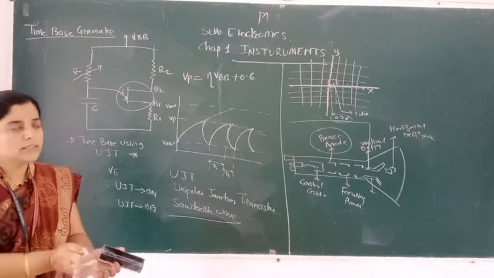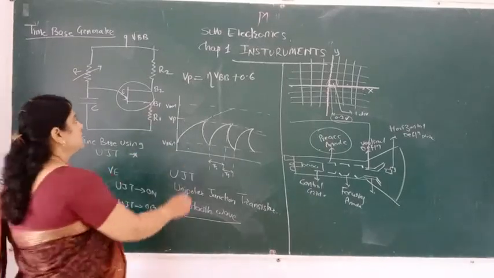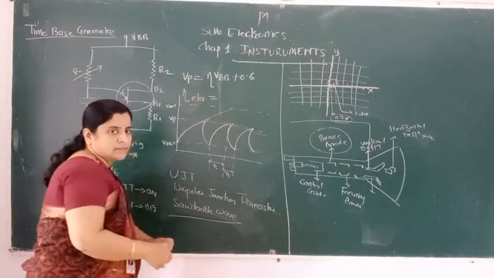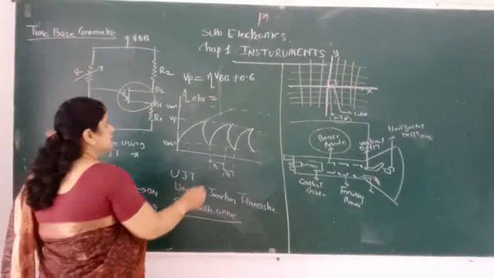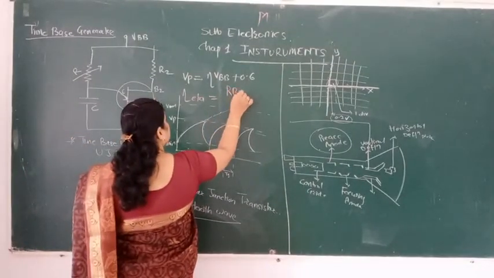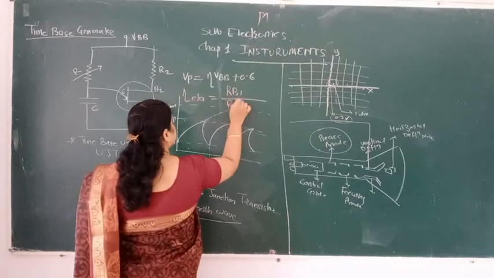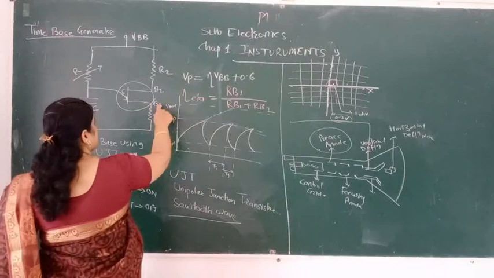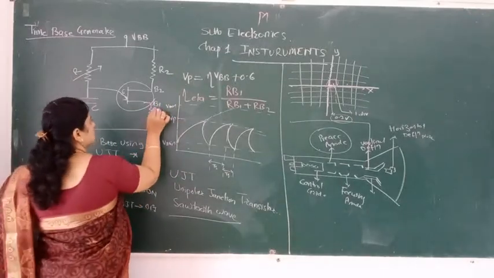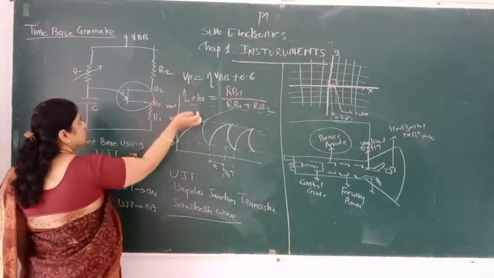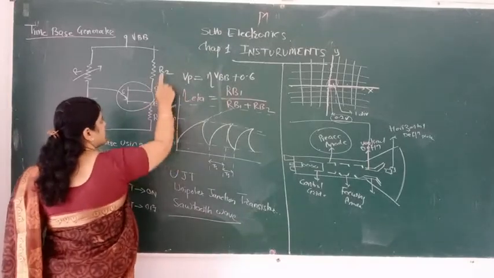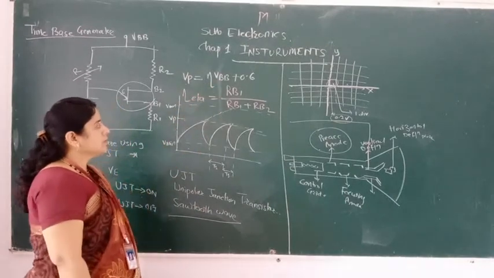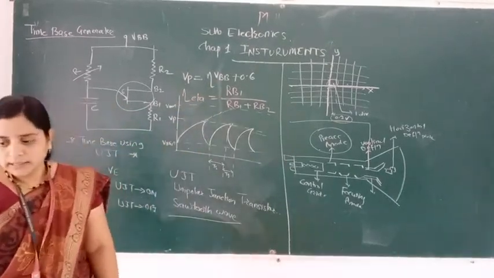Eta has a different formula: it is RB1 divided by RB1 plus RB2. These are the resistors across which current flows, RB1 and RB2. So Vp is eta into VBB plus 0.6.